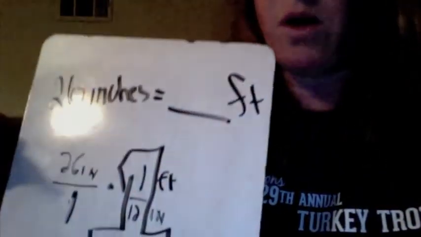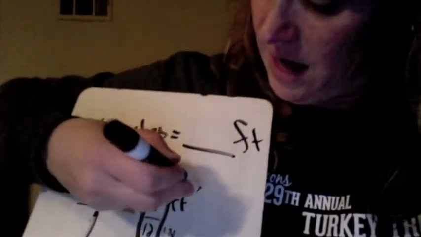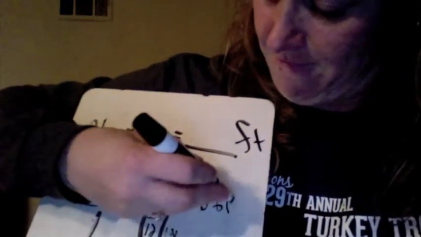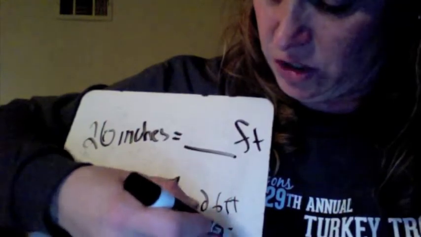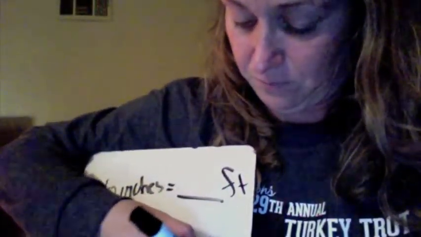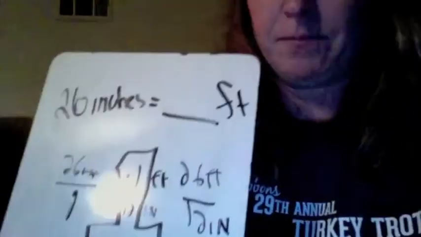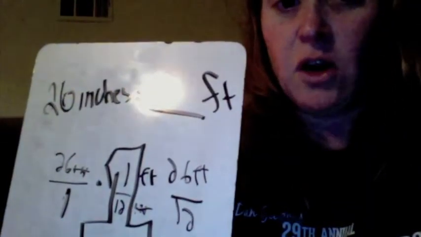So let's use what we know about multiplying fractions. The inches are going to cancel out, so I have 26 feet over 12.